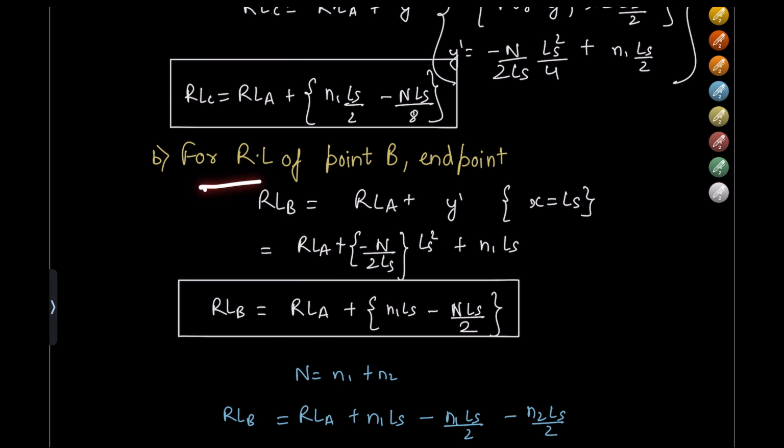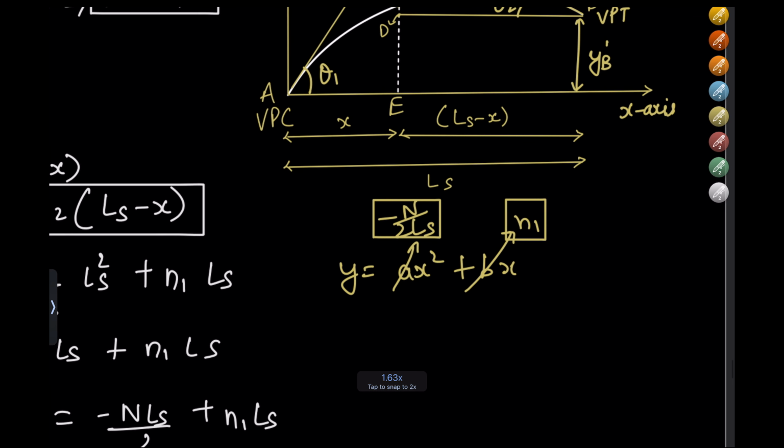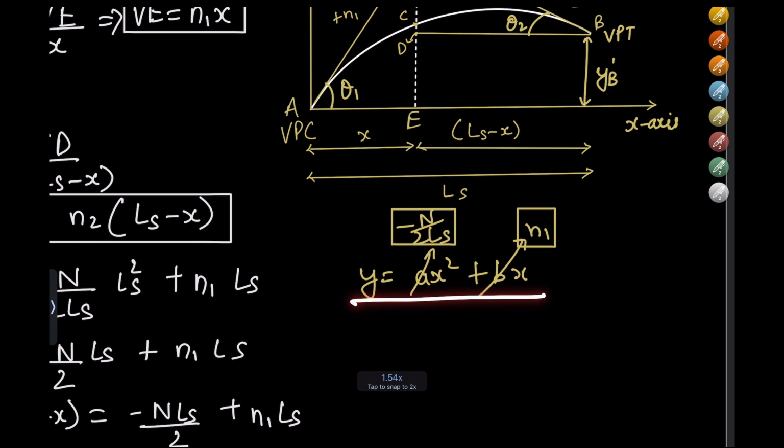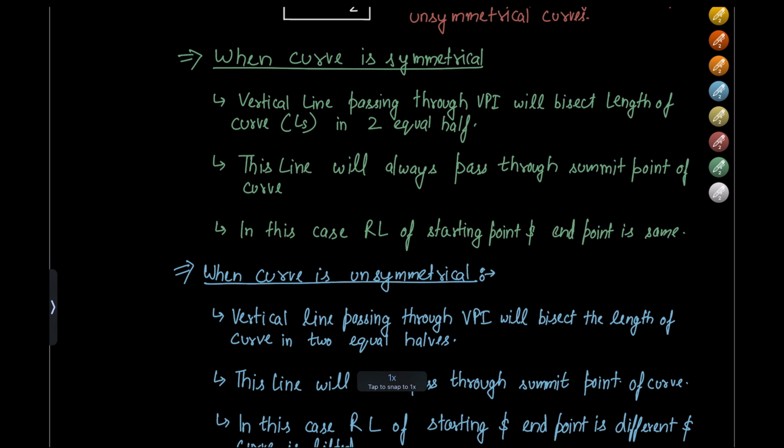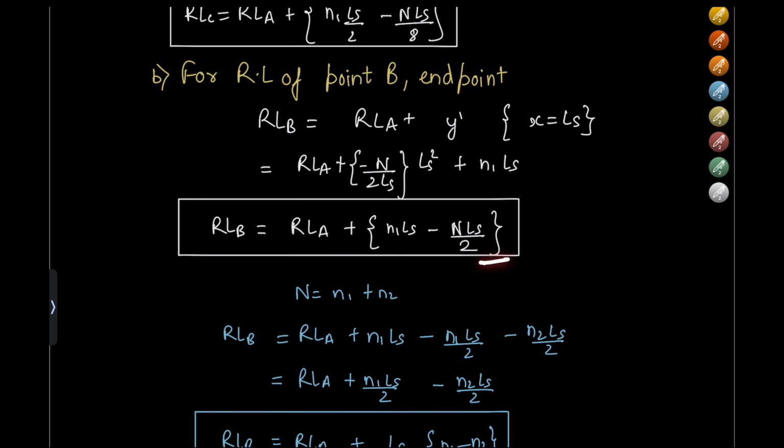So for the RL of the end point B, this would be equal to RL of A plus Y dash, where x is equal to Ls. So RL of B is equal to RL of A plus Y dash, where in this equation we'll put x is equal to Ls. We'll get the value of Y dash. We'll get this equation.